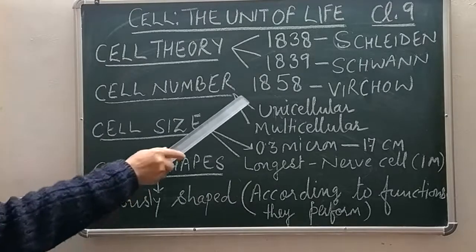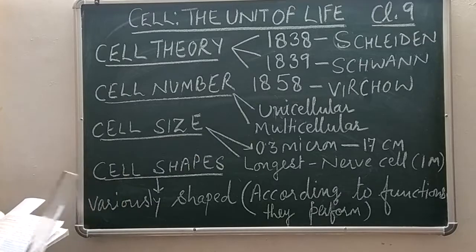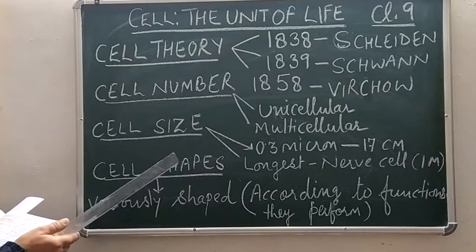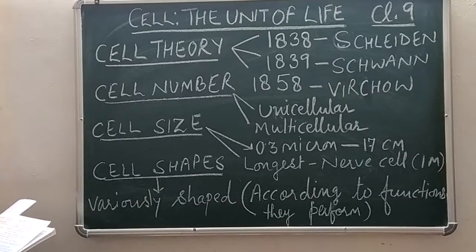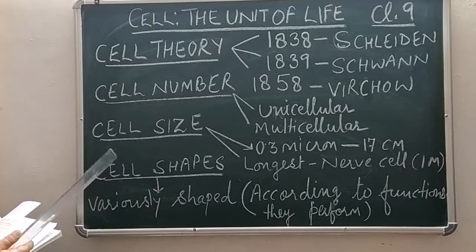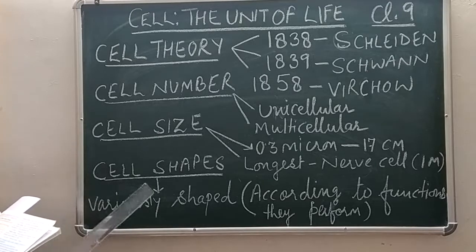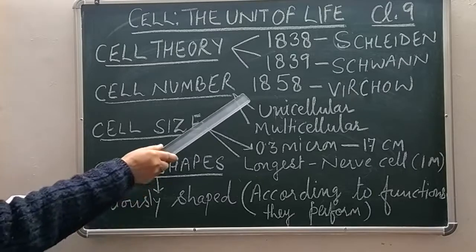Then again in 1858, Rudolf Virchow said that all living organisms, that means all cells, arise from pre-existing cells. That means a cell is not produced by itself. It will be produced only if a cell previously exists. So this was the third point made by Virchow.